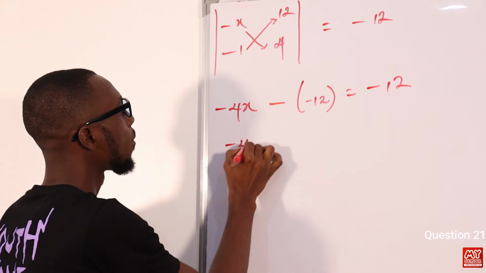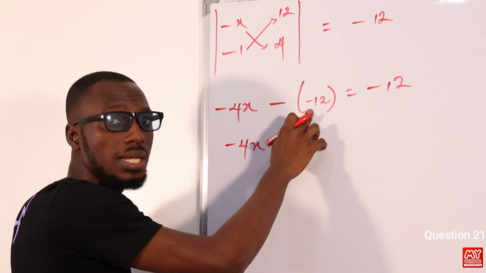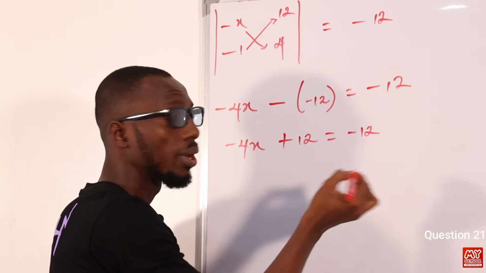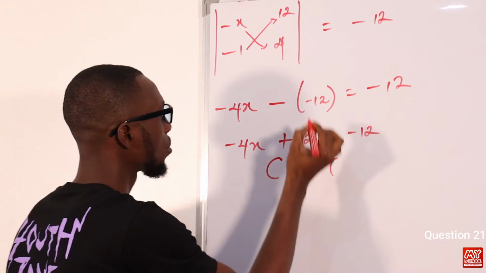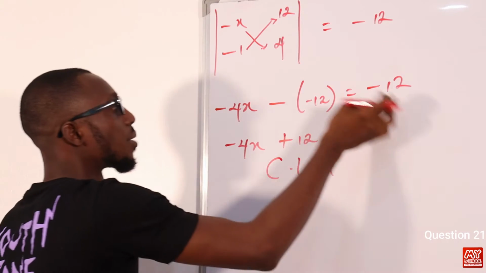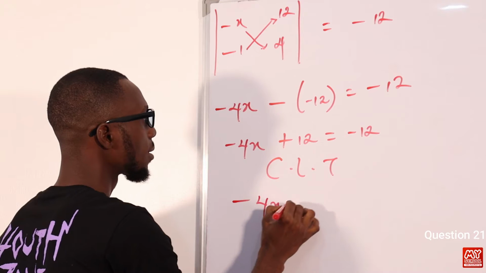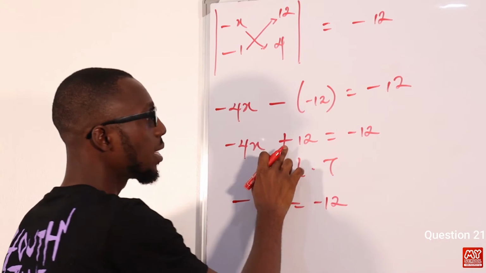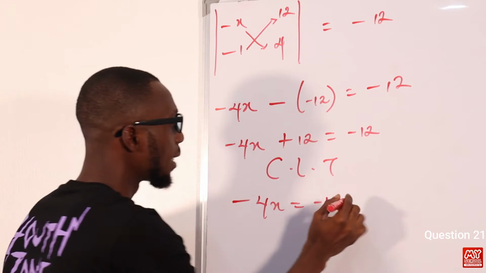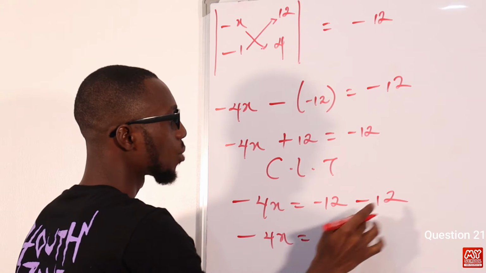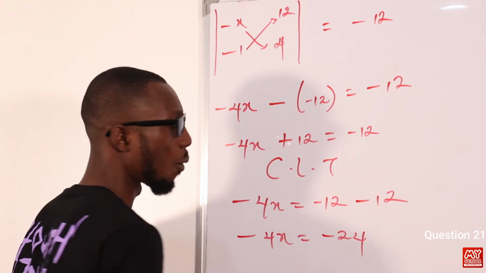So that will be minus 4x. Minus times minus, that is plus 12, equals minus 12. We can collect like terms. So I can send this outside, whichever way I want to make it happen. So I have minus 4x equals minus 12. When this plus goes outside, it becomes negative, minus 12. So I have minus 4x equals minus 24.